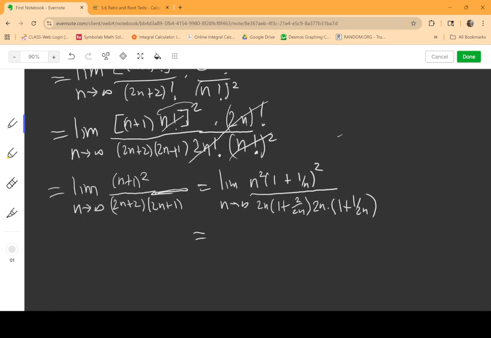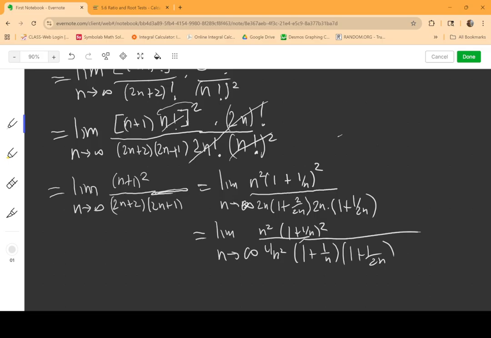I'm going to rewrite this as the limit as n goes to infinity of n squared over 2n times 2n, we get 4n squared, times (1 plus 1 over n) squared, over (1 plus 1 over n) times (1 plus 1 over 2n).